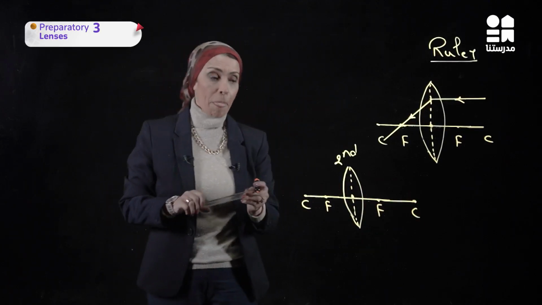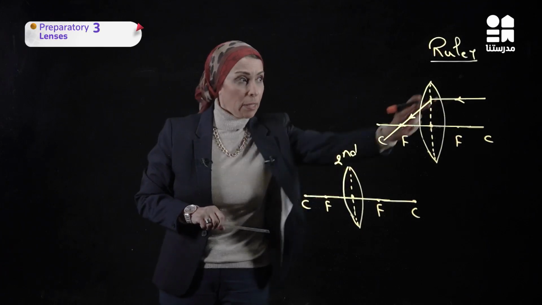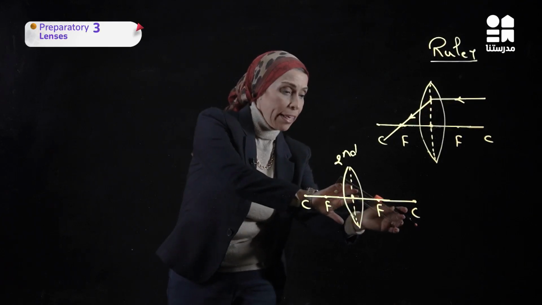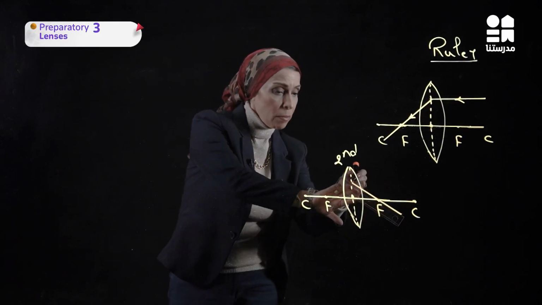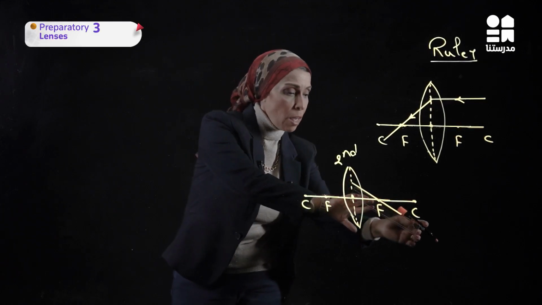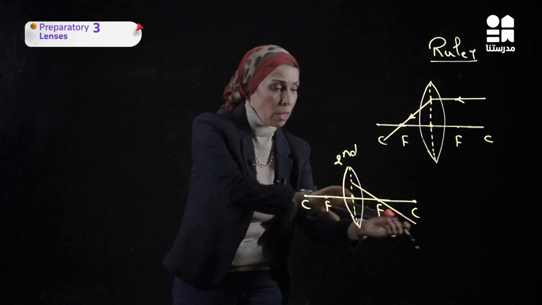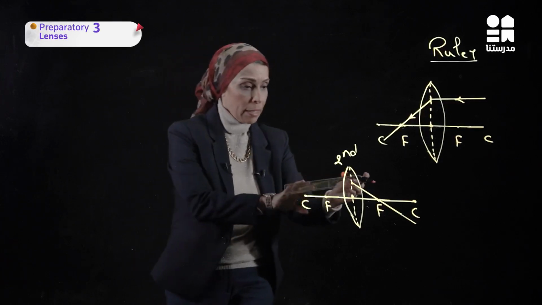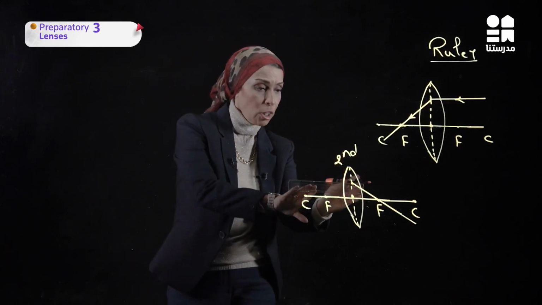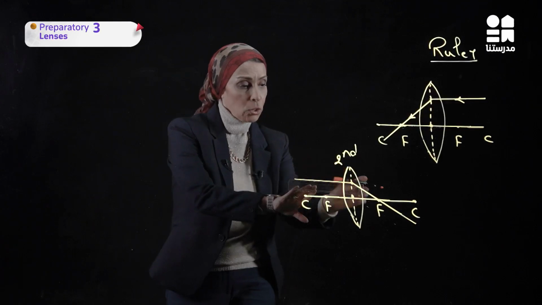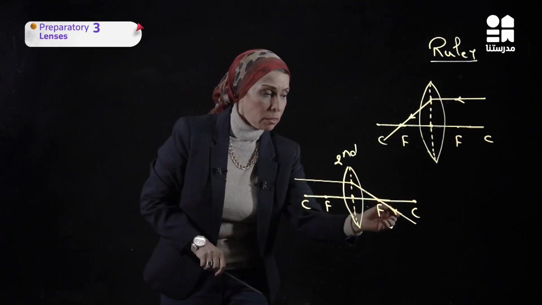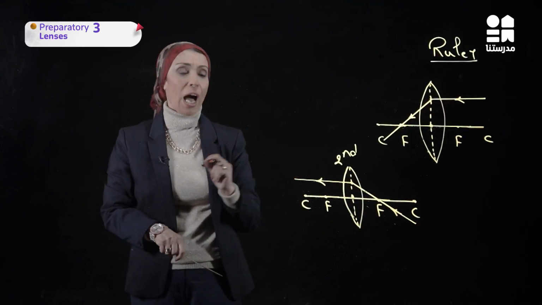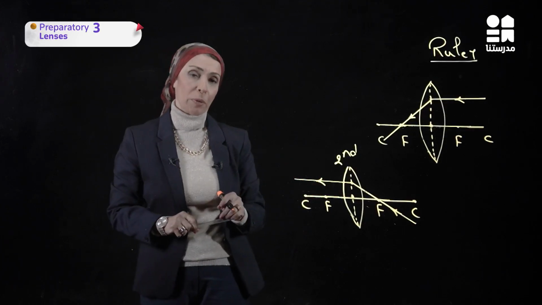The second ray here passes through the focus. I can make it from two sides, either from this side or this side, but choose one side. It reaches the middle line of the lens. It will refract on the other transparent side of the lens parallel to the principal axis. So this is the light ray that falls on the lens, and this is the refracted light ray which is going out from the lens parallel to the principal axis.